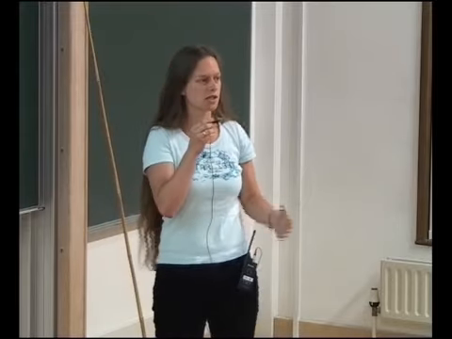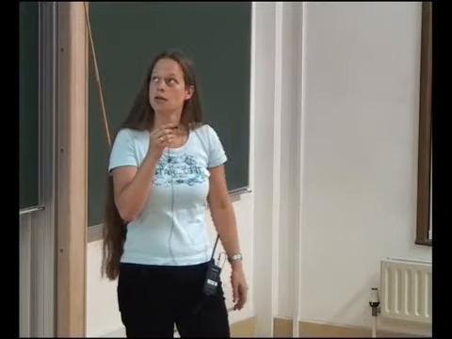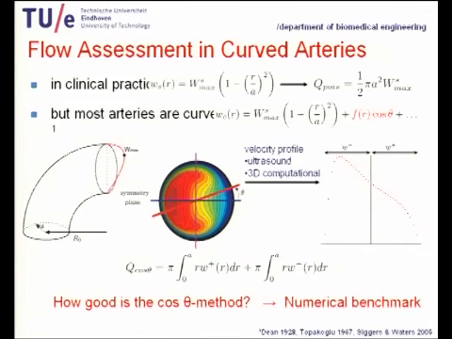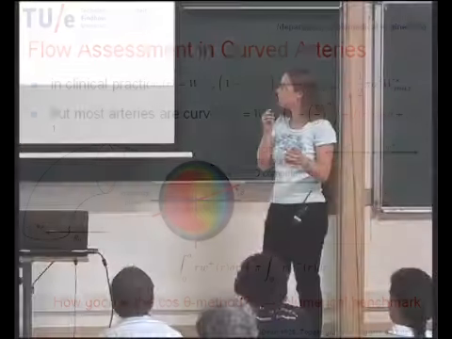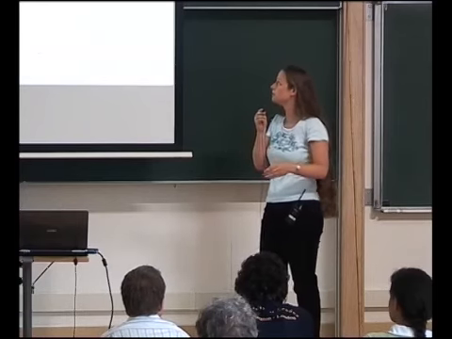Therefore, we looked into the literature for some analytical approximations, and there seems to be a kind of correction term to give the equation for the axial velocity in a curved tube. We use these analytical approximations as another estimation method for flows in curved arteries.